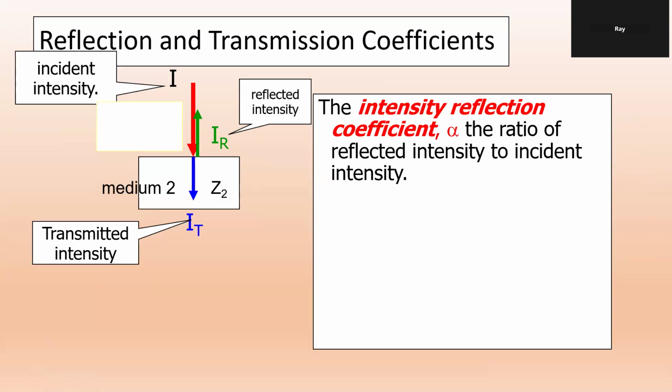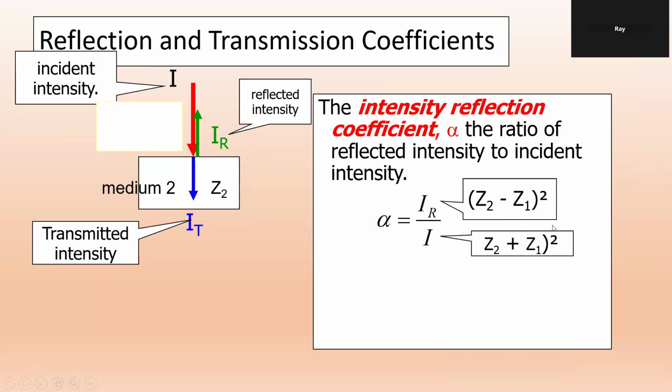The intensity reflection coefficient alpha is the ratio of reflected intensity to incident intensity. How do you calculate it? Z2 minus Z1, squared, is always positive. Whether Z1 minus Z2 or Z2 minus Z1, it doesn't matter, because it will always be positive.